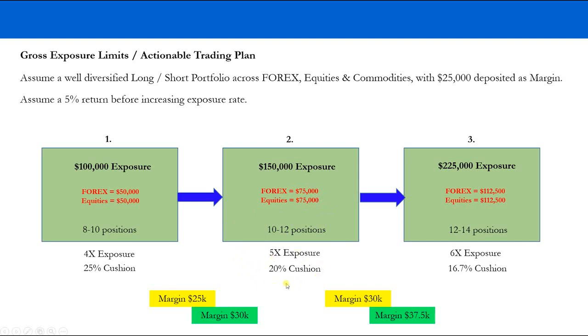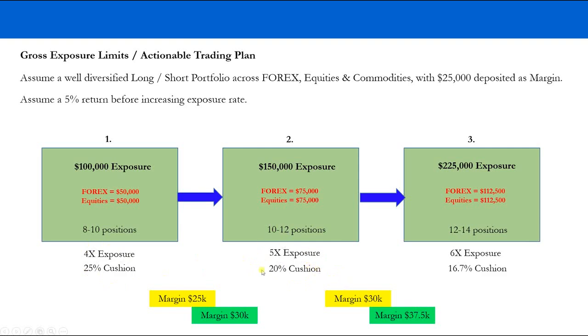This provides us on a 5 times exposure level a 20% cushion, so we can lose 20% before we actually receive a margin call. But because we've increased the diversity in our portfolio, the likelihood of that happening is the same or less as it was before. So very unlikely.